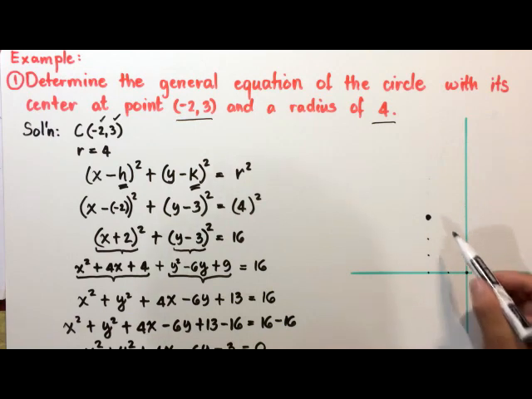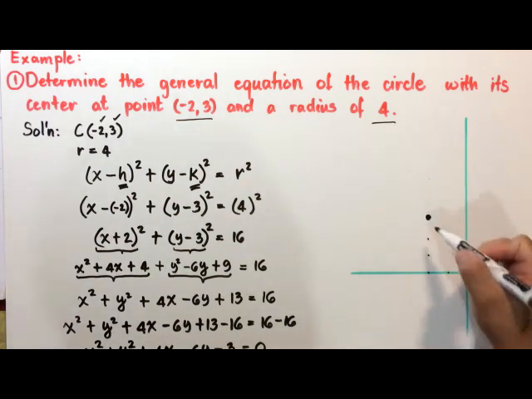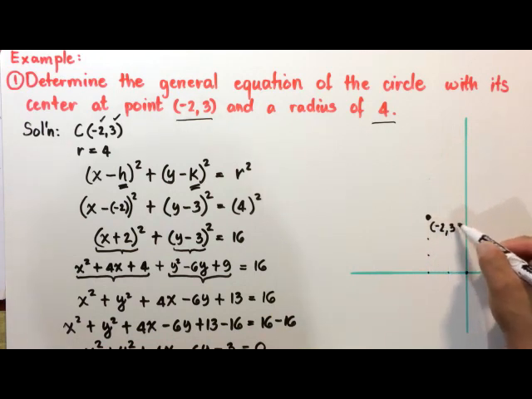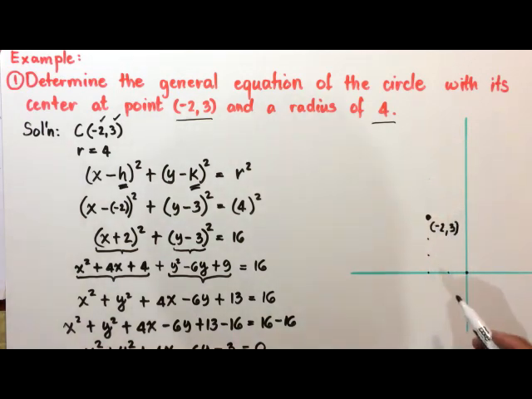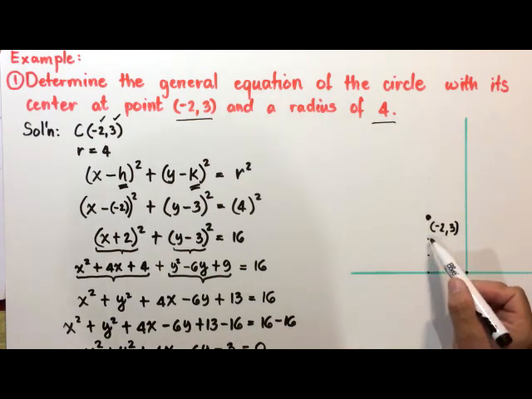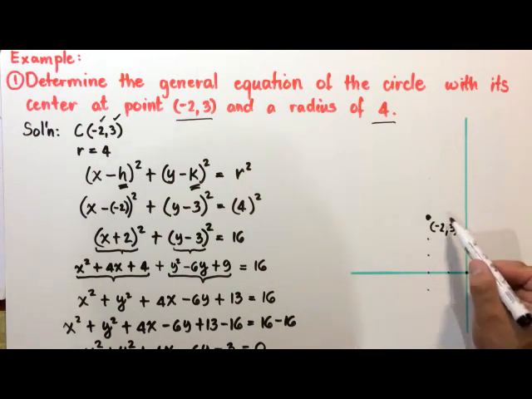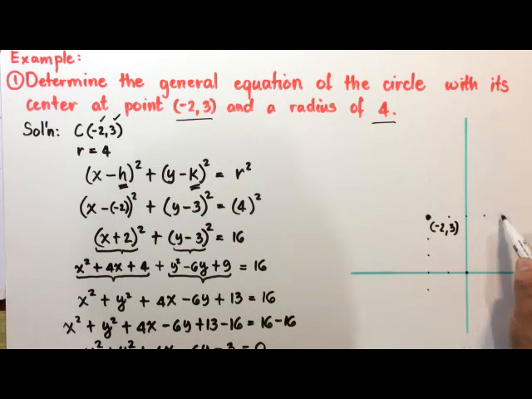So here is the center of the circle, at the point negative 2, 3. And it has a radius of 4. So from the center, you count 4 units. 1, 2, 3, 4. And then you count also to the right. 1, 2, 3, and 4.